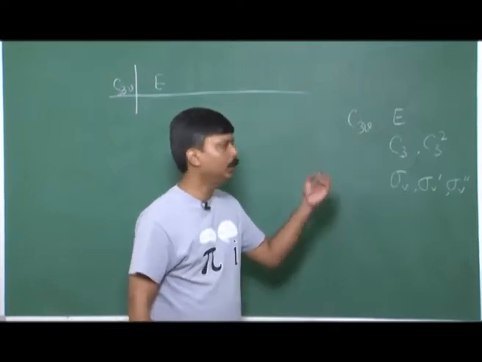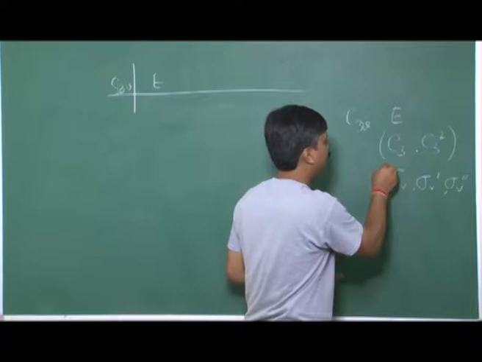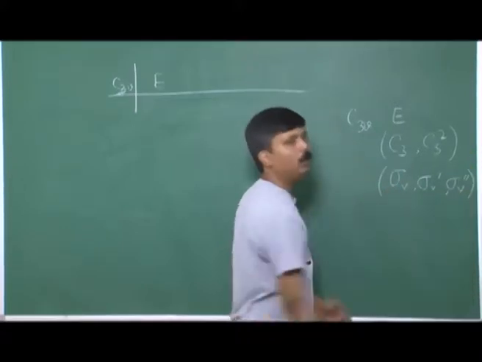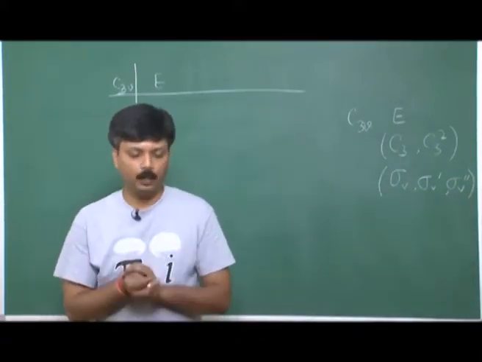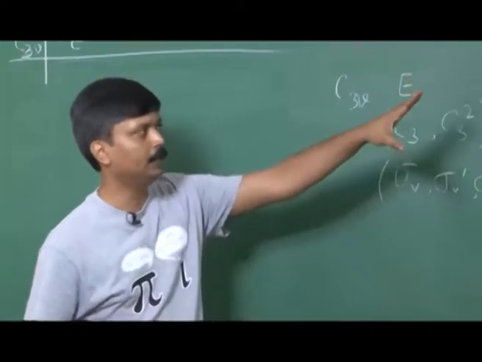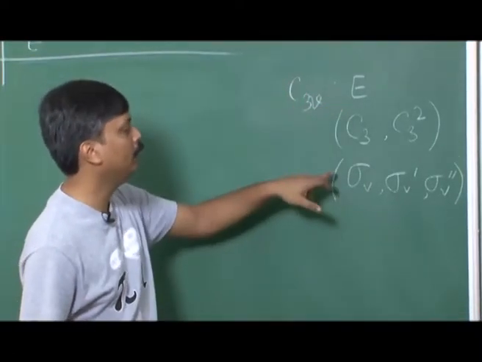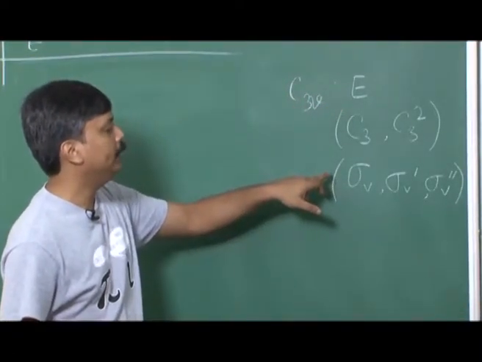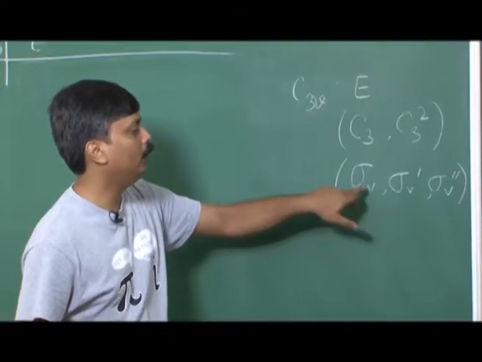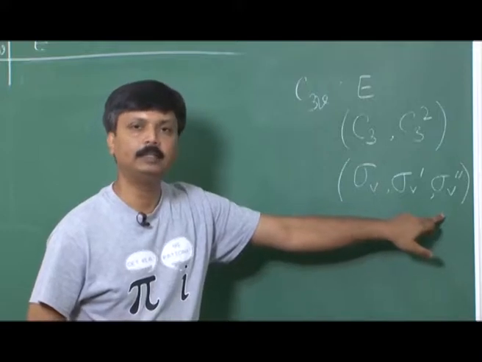Now we also know that C3 and C3 square form a class, and all 3 sigma v's form a class. So our rule, the one written as rule 5 on this board, says that the characters corresponding to sigma v prime and sigma v double prime are the same.